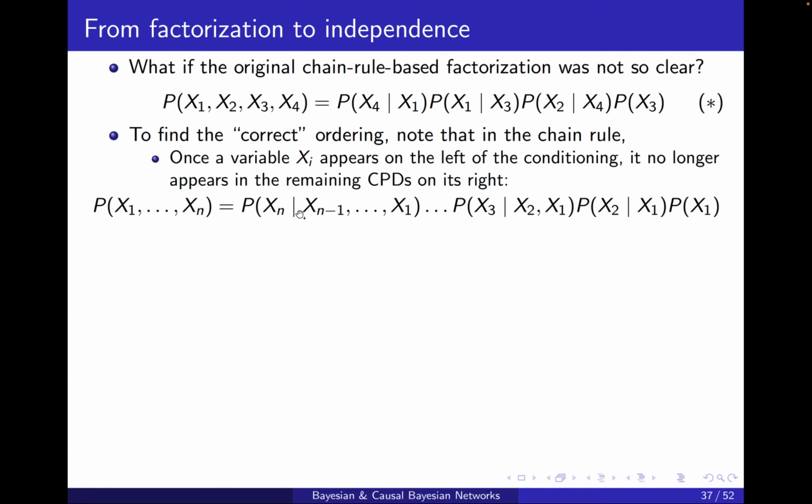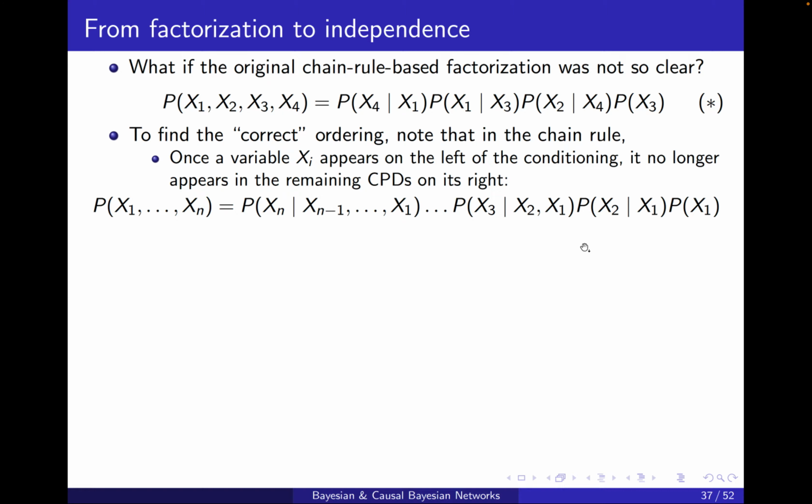But the more important one is this. Once a variable, say xn here, appears on the left of the conditioning, then it never appears in the remainder of the CPDs on its right. So for example, xn once appeared here, it doesn't appear anywhere else on the right. x3 once appears here, it doesn't appear in any of the other ones on the right.